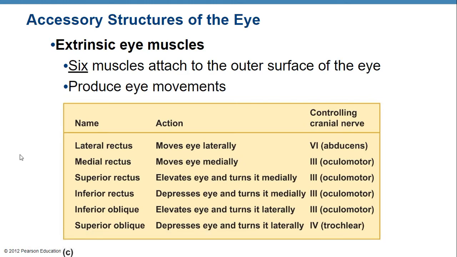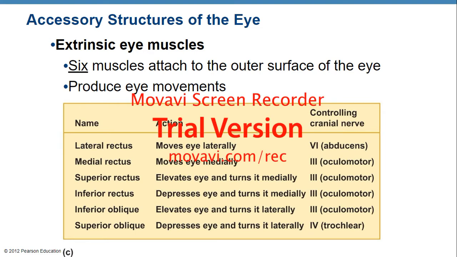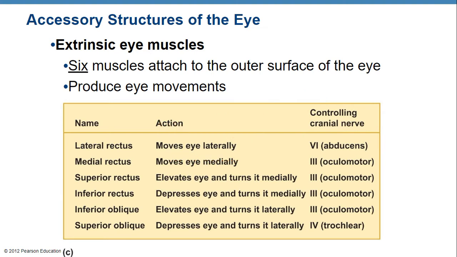So there are 6 extrinsic eye muscles that attach to the outer surface of the eye, and essentially use the name to help you remember the actions of the eye muscles. So if you remember, rectus means straight.